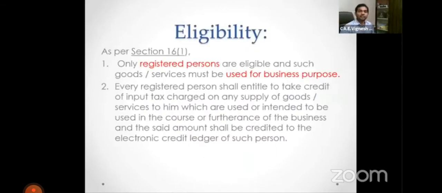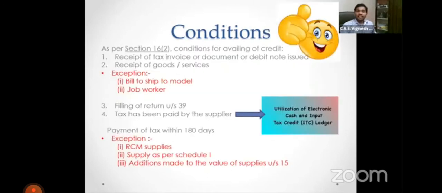Section 16 subsection 1 deals with two points. Every registered person is eligible to take credit, and the goods or services must be used for the purpose of business. Then what are the conditions? There are 4 conditions. The recipient must receive the document, which can be a tax invoice, debit note or any document evidencing such purchase, and the goods or services must be received by such recipient.